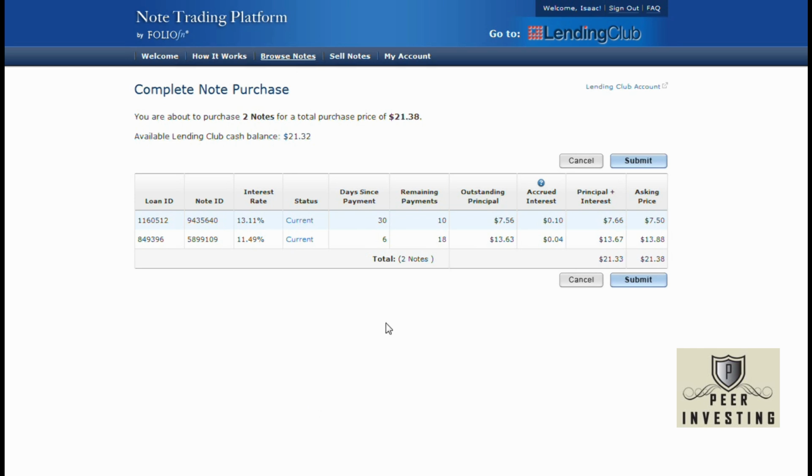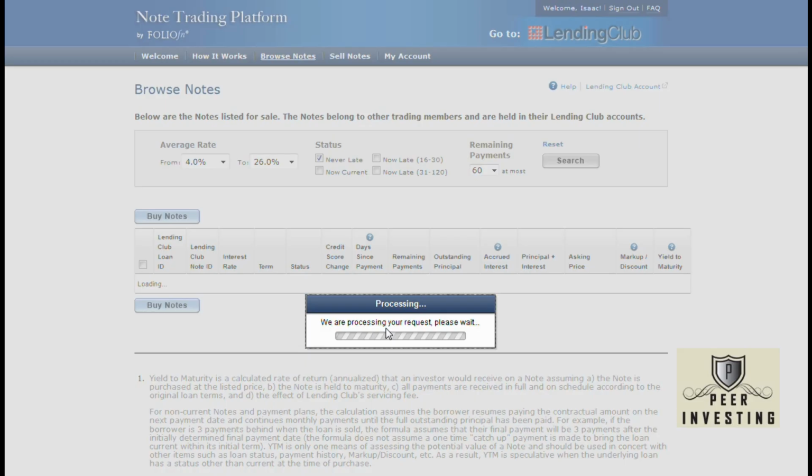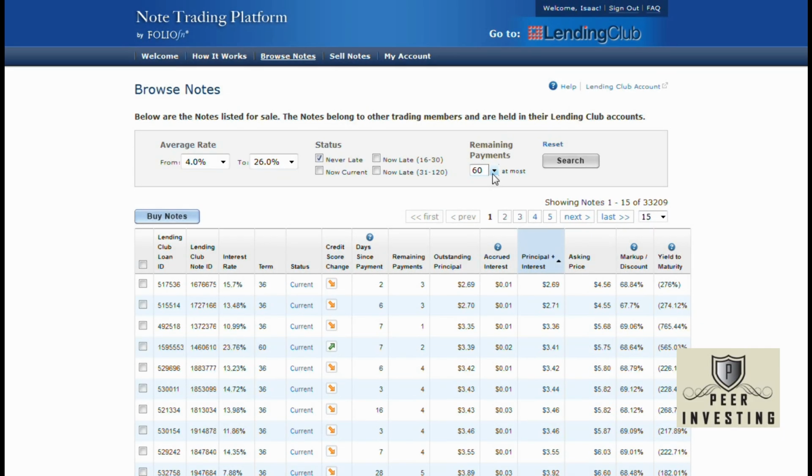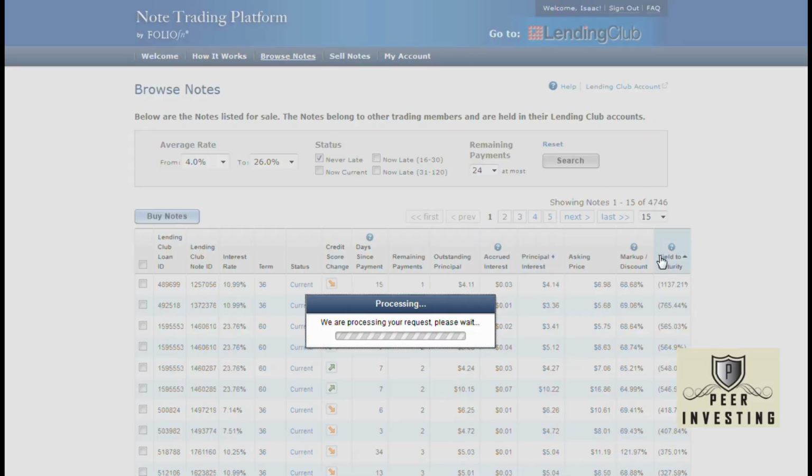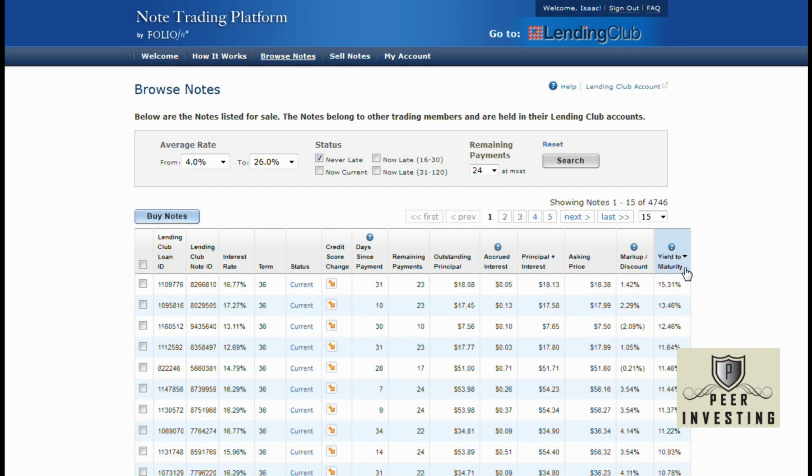And what you can do is just always extend out the number of payment months that are left in the note. So I will go to, once this loads up, I'll go to 24 months. We'll search for that. Click on that twice.